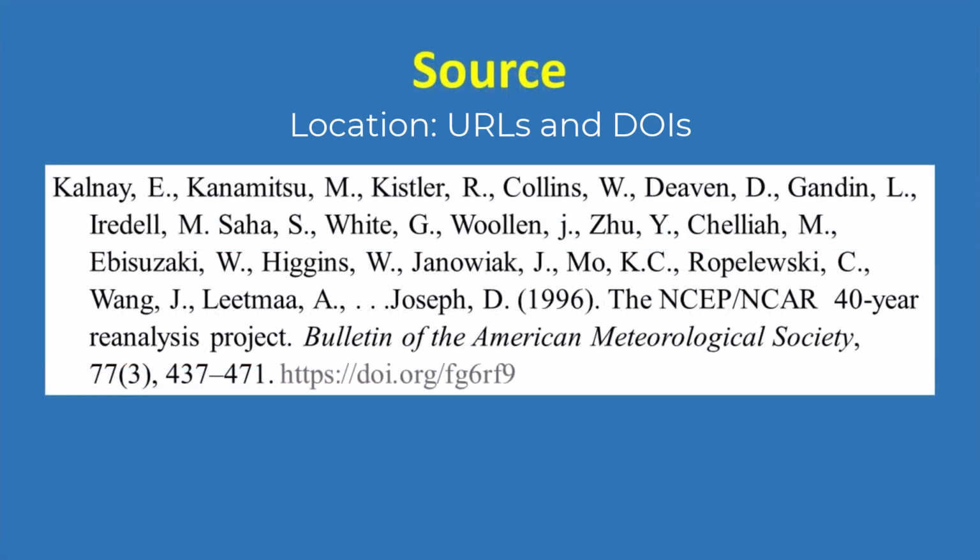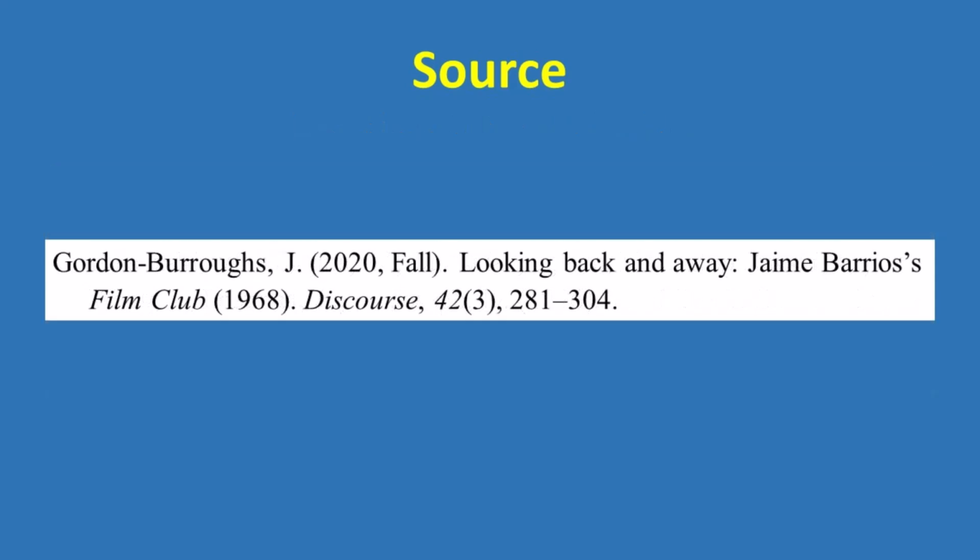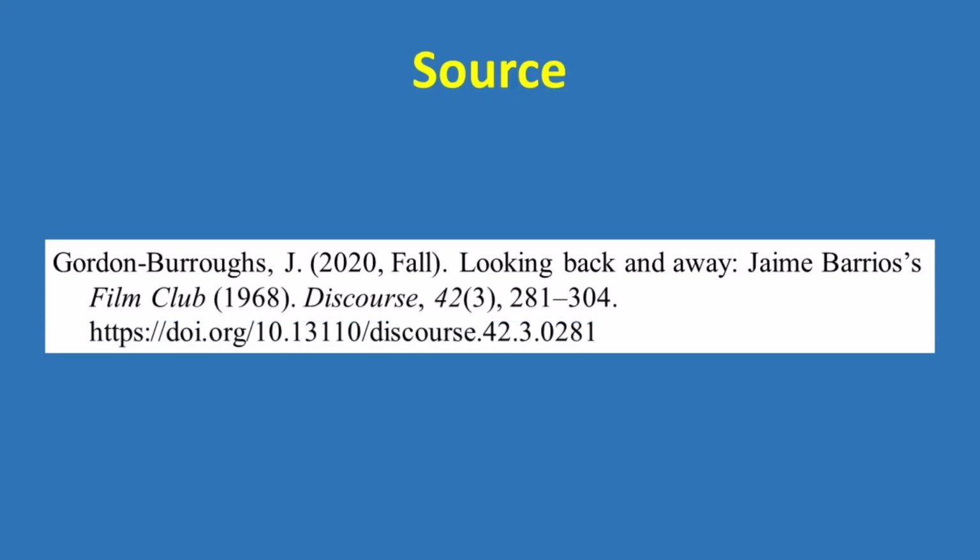Academic articles should always include DOI if available. My journal article gives a DOI, so I include it at the end of my source element. Do not put a period after DOI or URL. There you have it. You have completed your detailed citation in APA format.